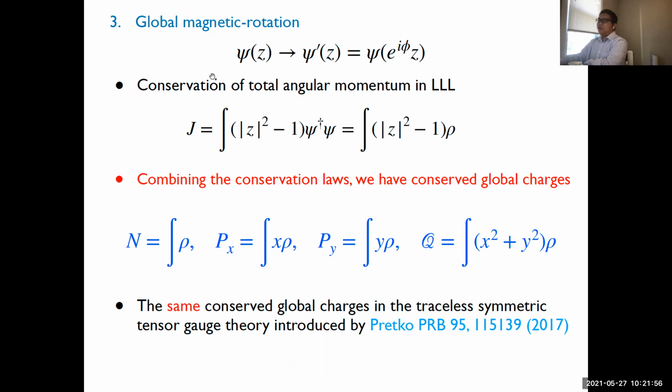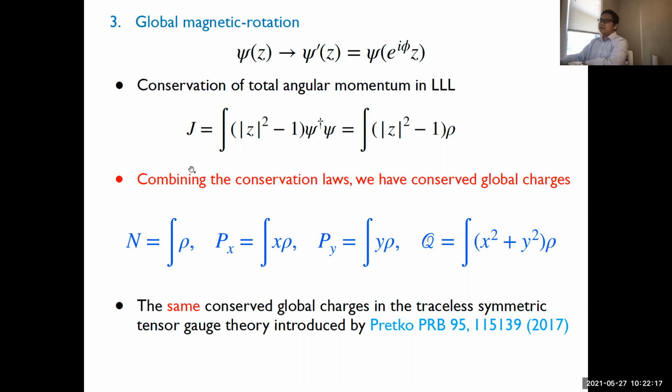From the global magnetic rotation, you have the conservation of total angular momentum in the lowest Landau level in this form. Again, to derive the angular momentum in the lowest Landau level, you need to use the lowest Landau level constraint on the electron field.